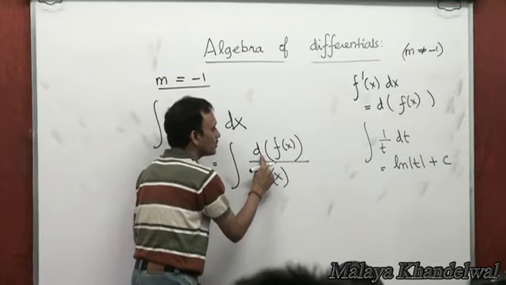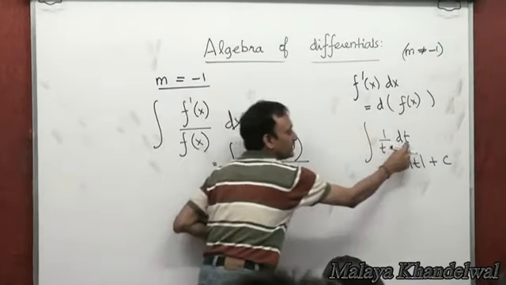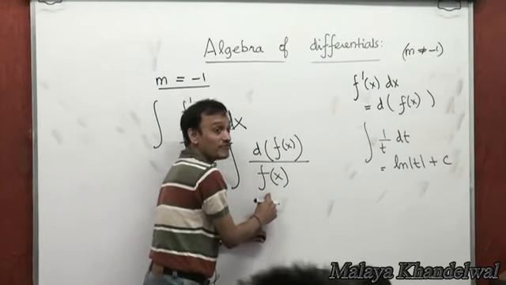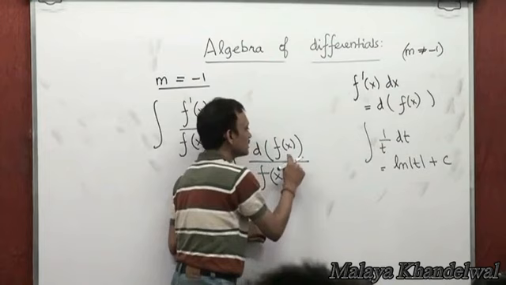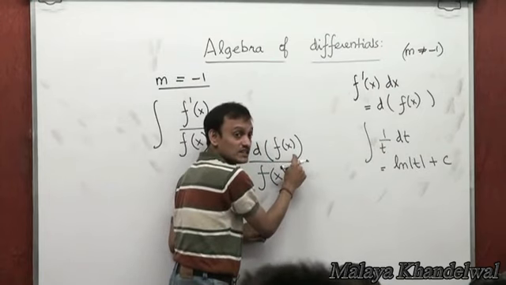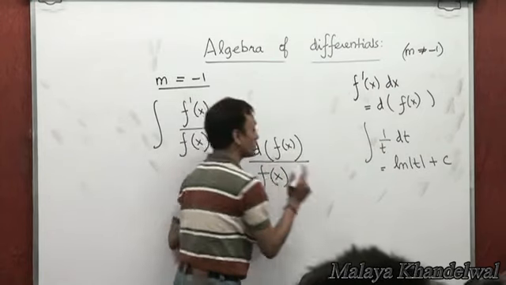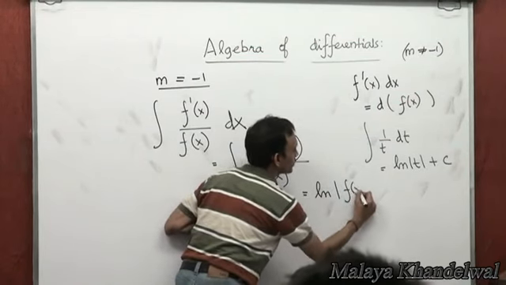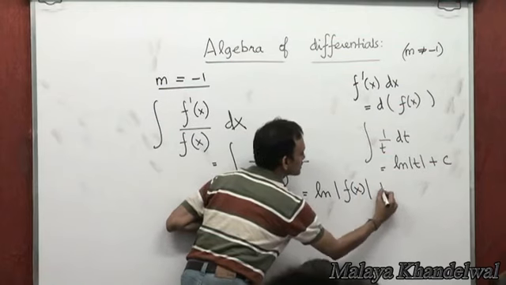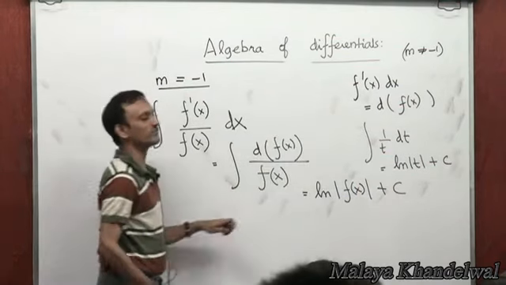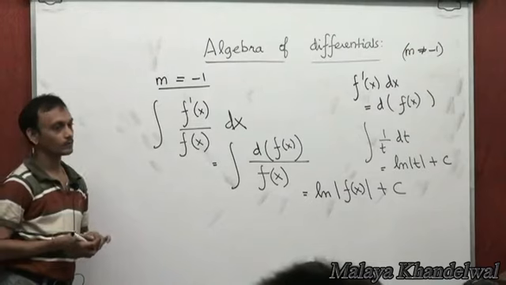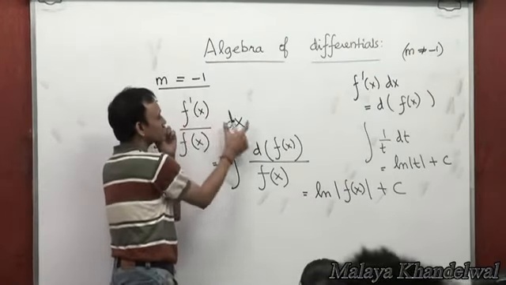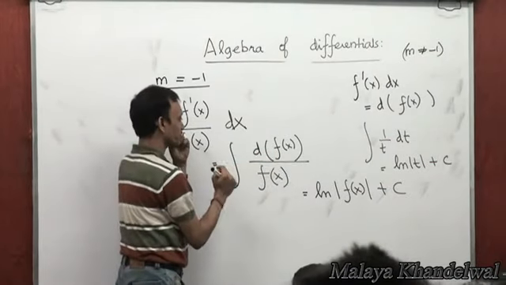So is this not of the form dt by t, where t here is f x? T is f x here, right? So then this would be log mod f x plus c. Did you understand f dash x dx is d of f x?